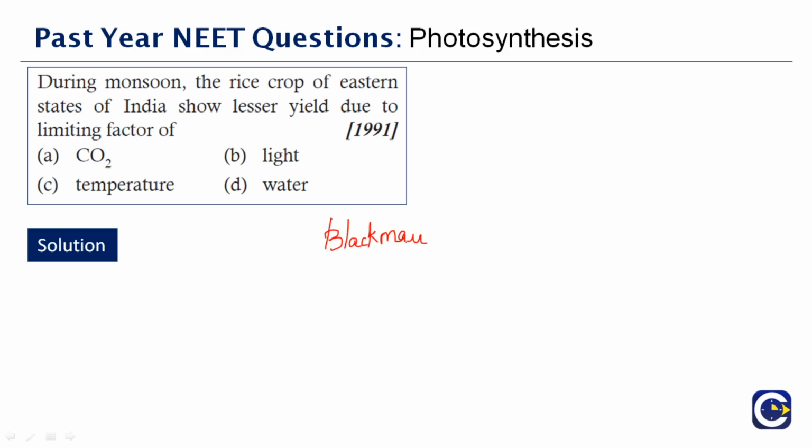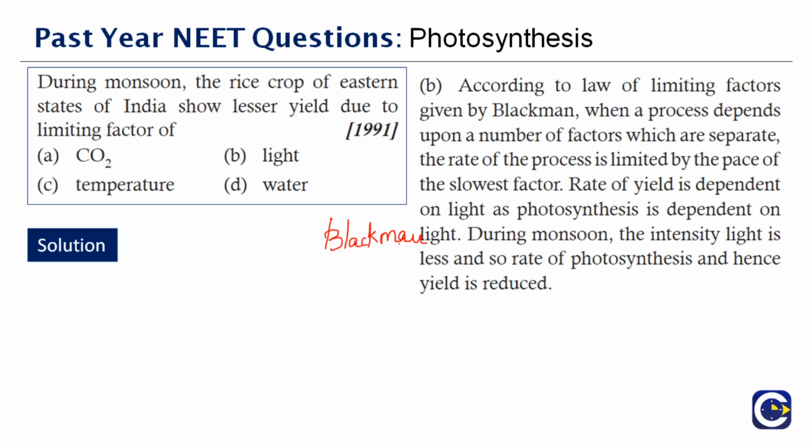Okay, when a process depends on a number of factors which are separate, the rate of the process is limited by the pace of the slowest factor, so the yield highly depends upon the light. Photorespiration rate also you can say, where the respiration rate depends upon the light system. Therefore, the correct answer to this question is option B, light.